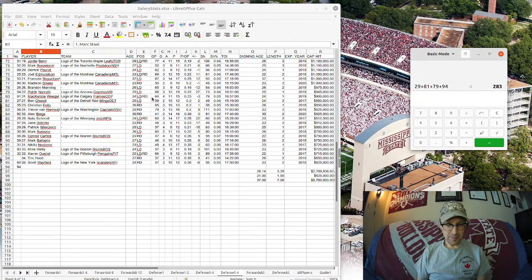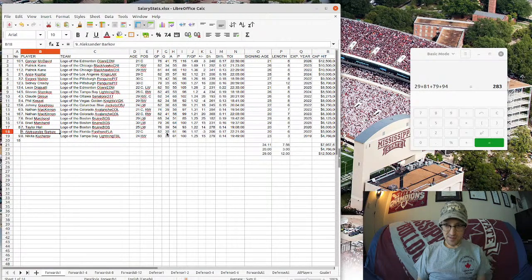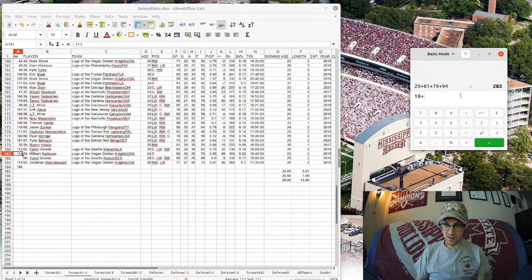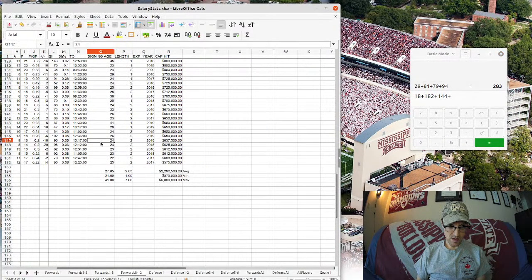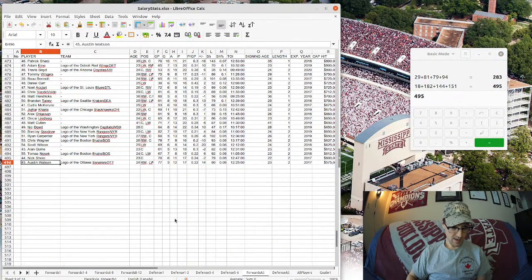Well, I thought I had some overlap maybe in some of those sheets, but I guess not. So that's good news. Save some work there. 18 plus 182, 144, 151. 495 is what we should have. And we do, so that's good.